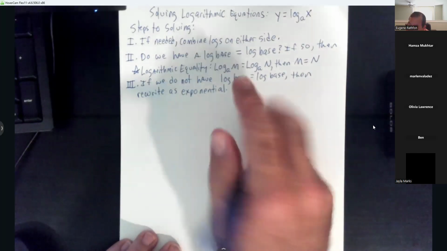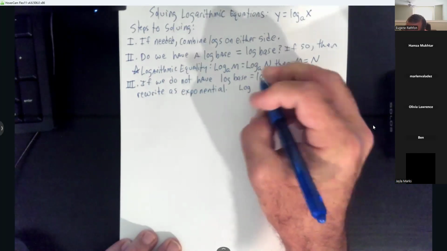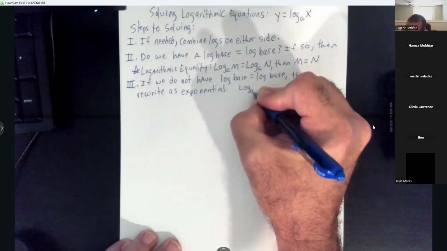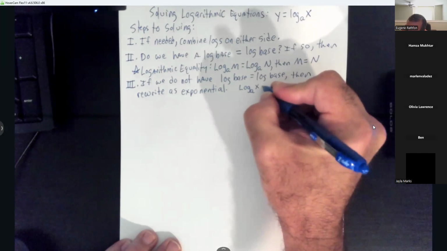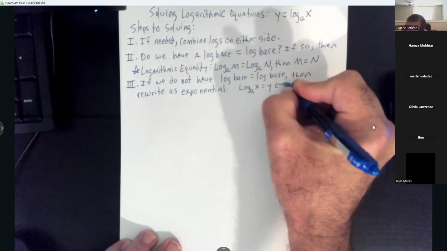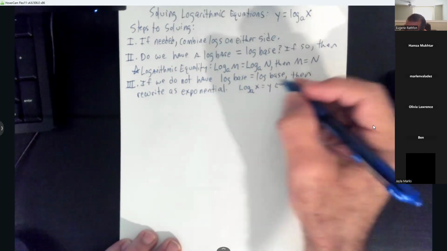Remember, exponential was when I had log base a of x equaled y, if and only if a to the y equaled x.